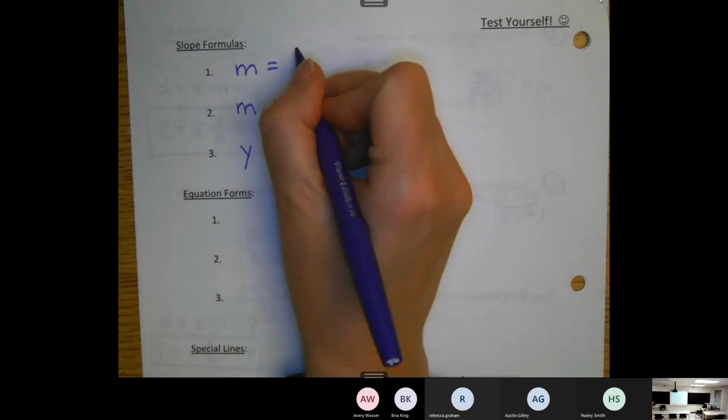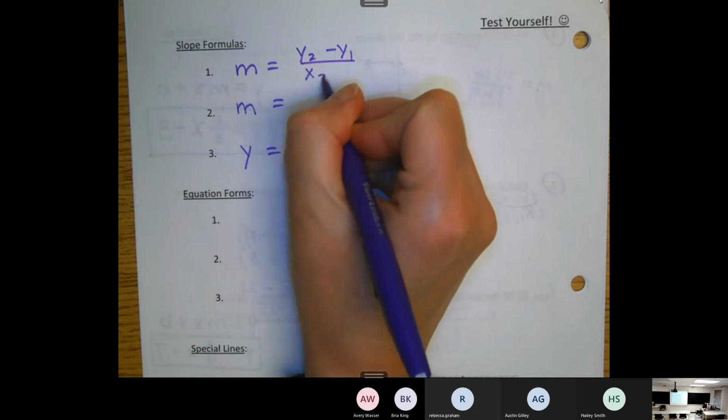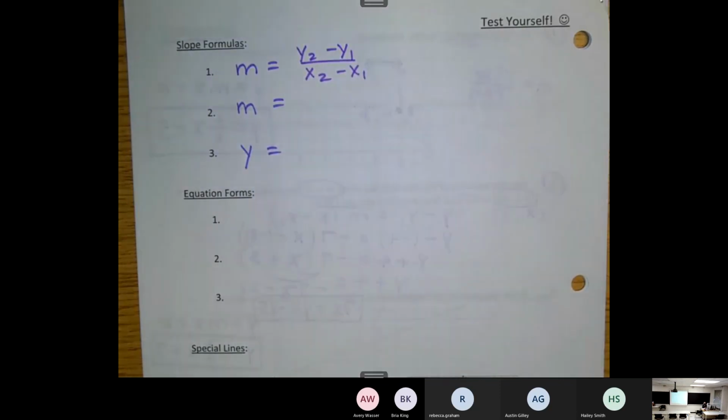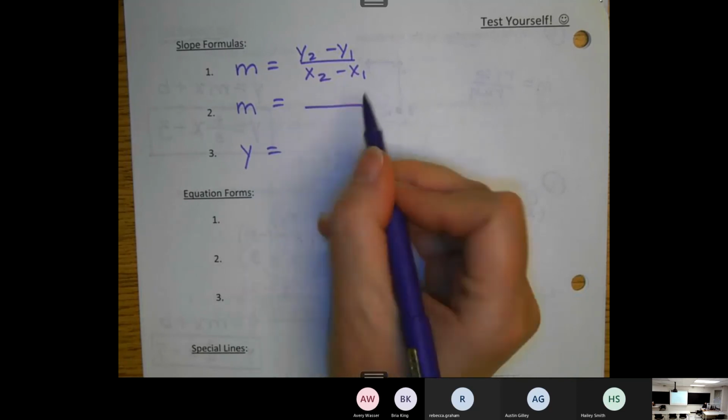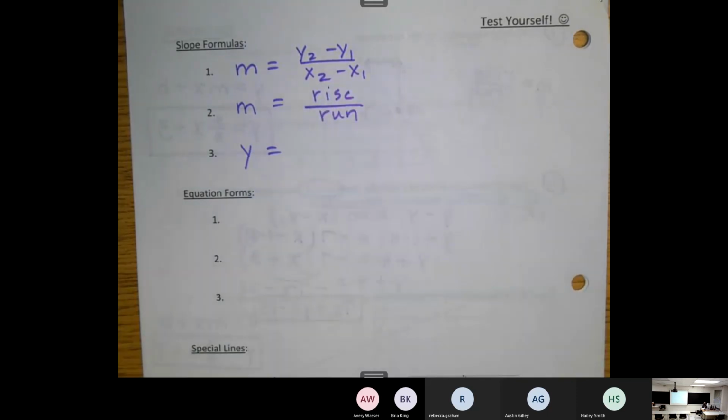What are we talking about anyway? What comes to mind? Things like y2 minus y1 over x2 minus x1, that was our first one. And rise over run.